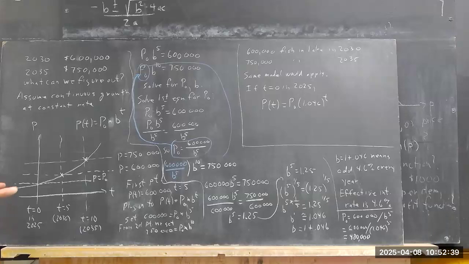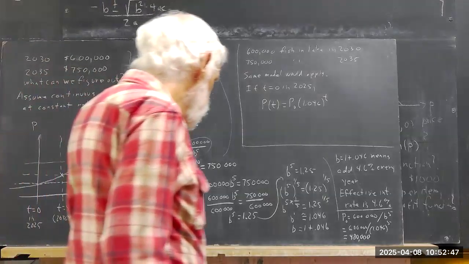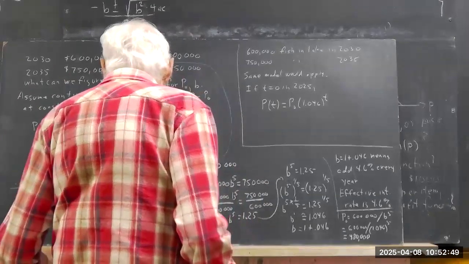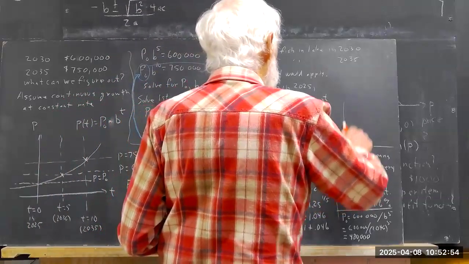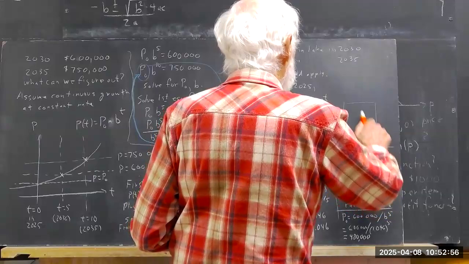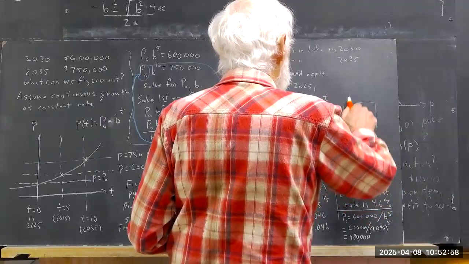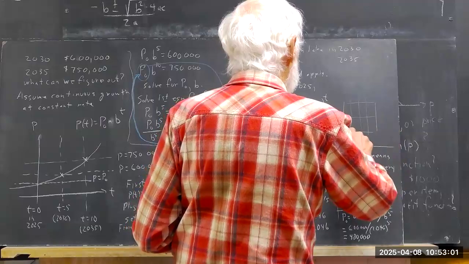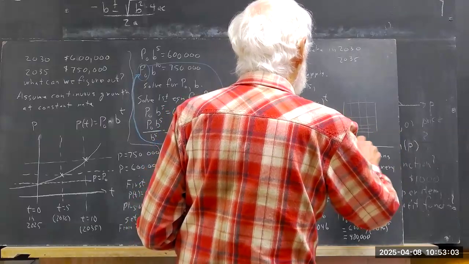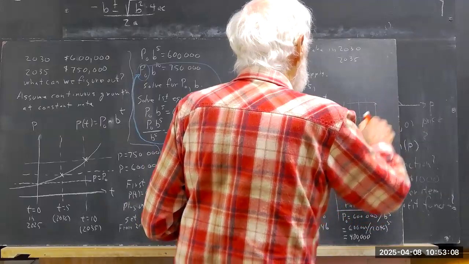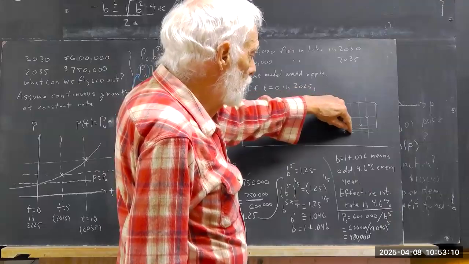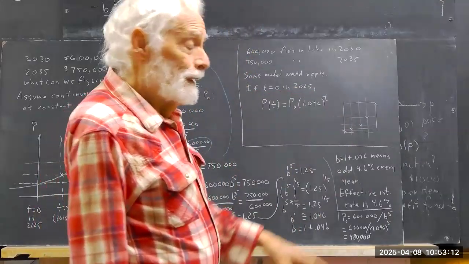The other thing is, for an exponential function, we're going to have a constant doubling time. Okay? And you know that because you know how to construct what does it do? Every time you go over one, you go up one.